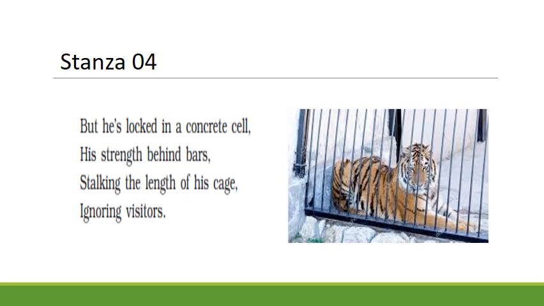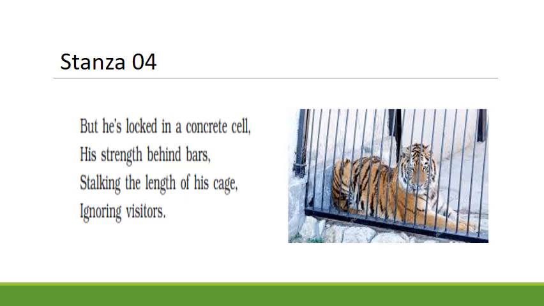Stalking the length of his cage, ignoring visitors. Here again, stalking means walking up and down, and length of the cage means within the cage, ignoring the visitors. So the tiger is locked inside the cage and it cannot do anything, and it is just walking up and down, and it is not even bothering to look at the visitors at all.